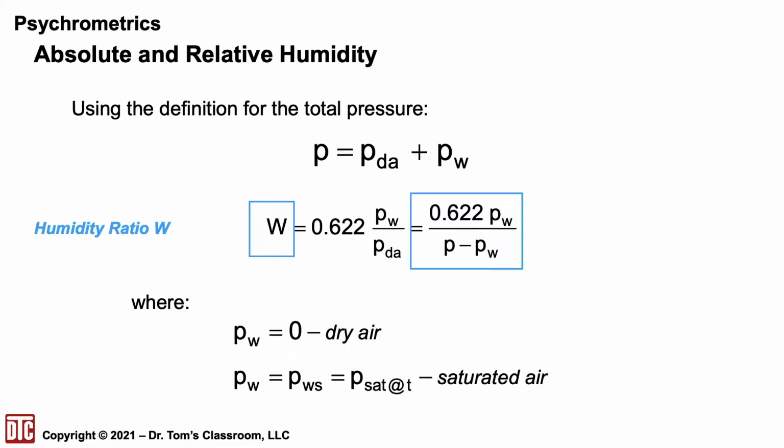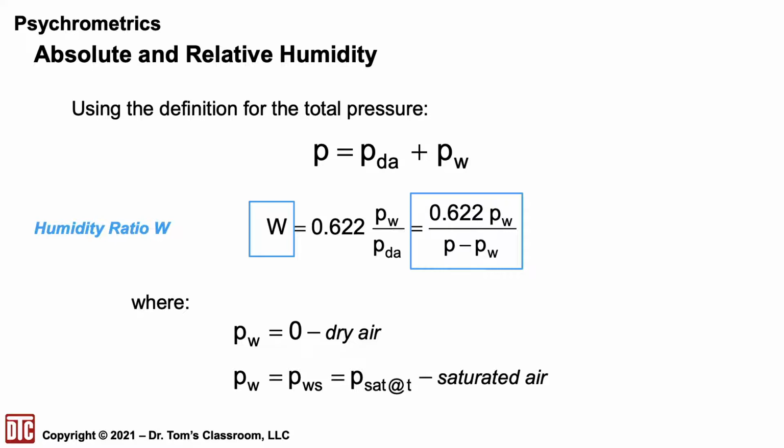And knowing that the total pressure is P of the dry air plus P water vapor, I get my final relationship. W is 0.622 times the partial pressure of water vapor divided by total pressure, which is what we measure oftentimes, minus the partial pressure of water vapor.